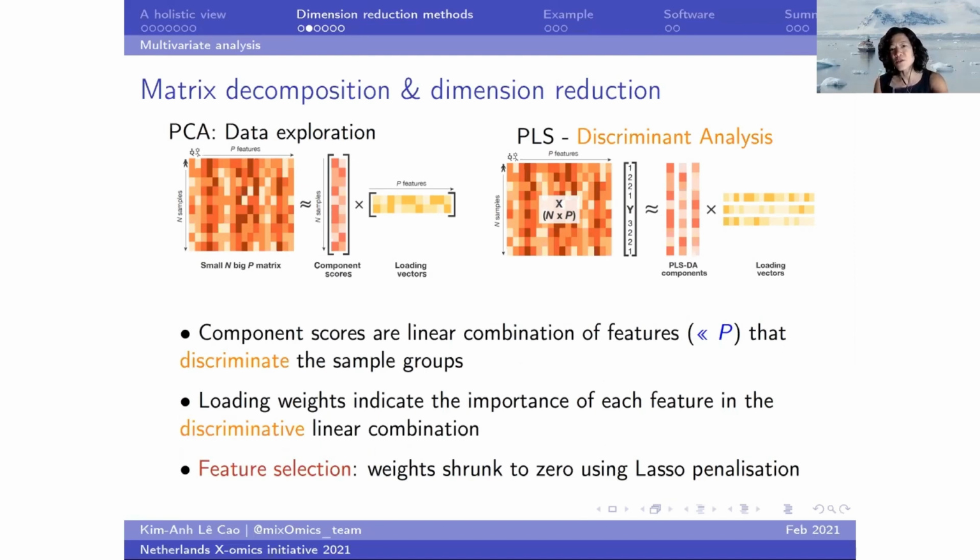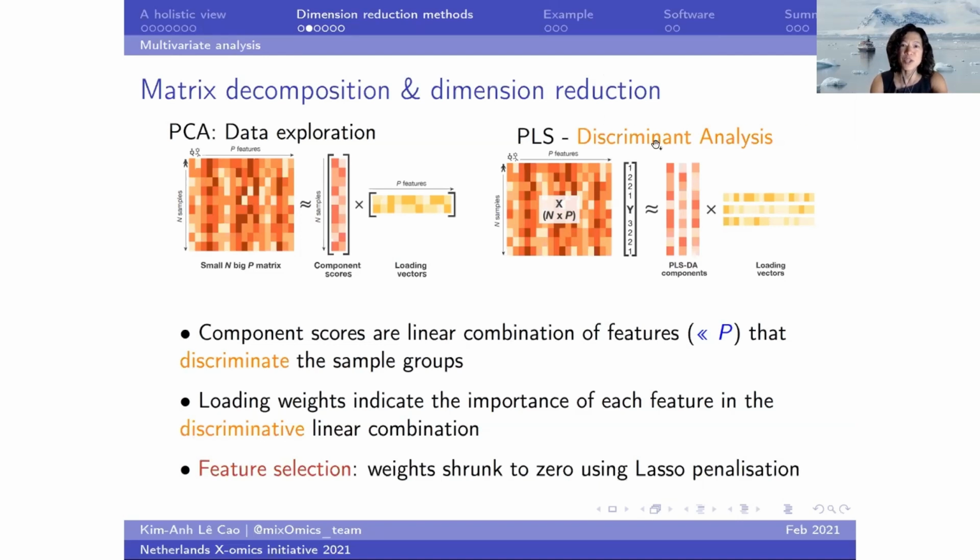The components and the loading vectors are going to be different from a PCA, because here we're really trying to maximize the differences between groups. And again, you can also do variable selection or feature selection, where you can identify a set of genes that are key discriminants and help you to separate those groups.